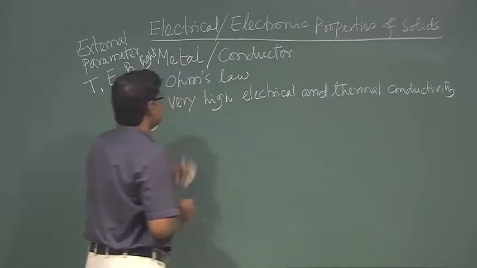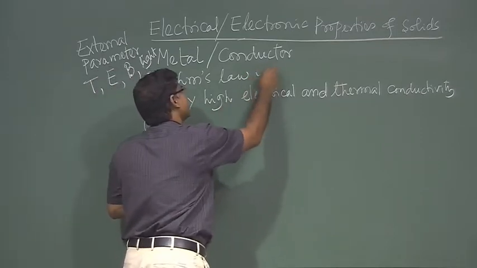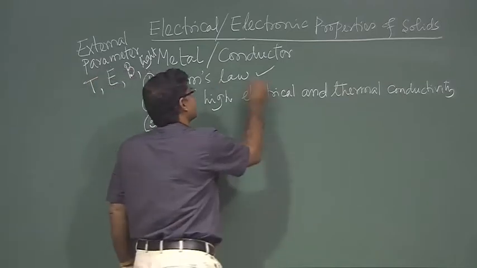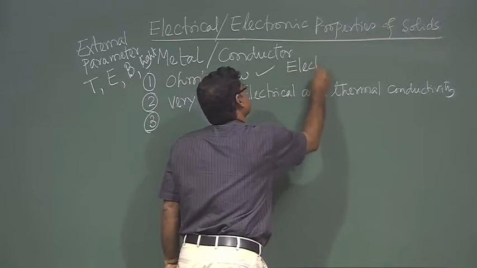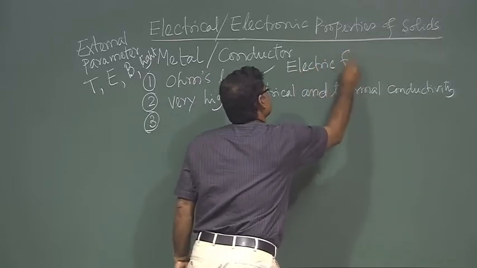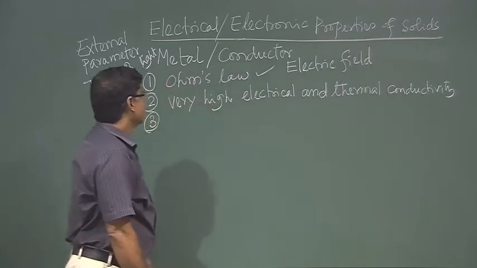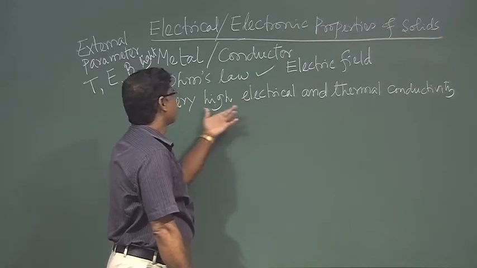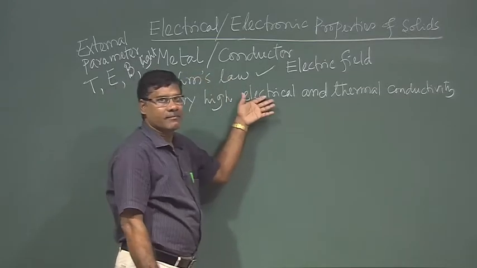For Ohm's law, we apply the external parameter electric field, and electrical conductivity basically comes from here.